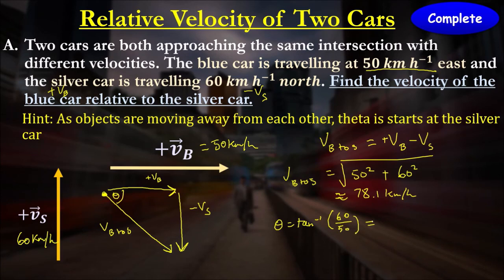So inverse tan 60 over 50. That gives us an angle of 50.2 degrees. If we're looking at the actual direction, it has gone east, so we can write east 50.2 degrees south.